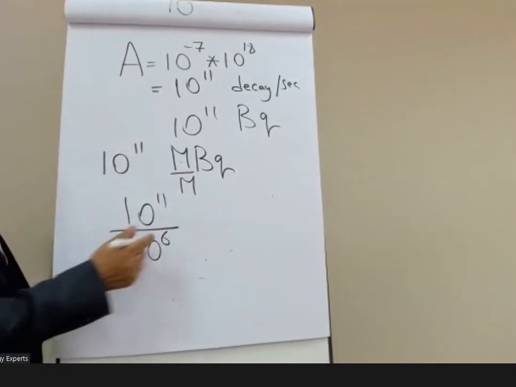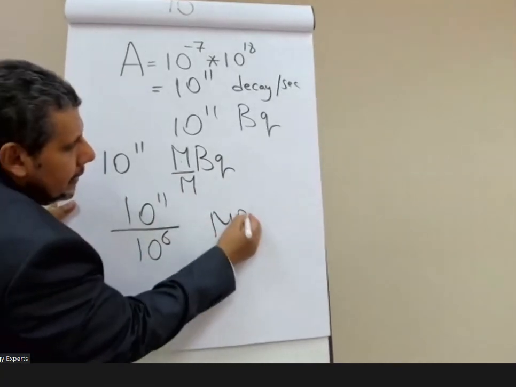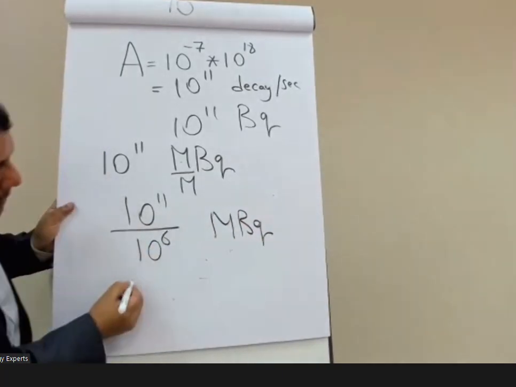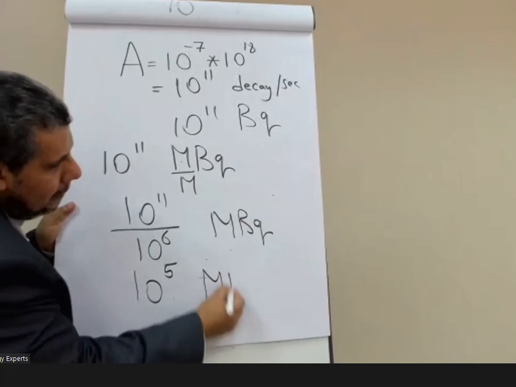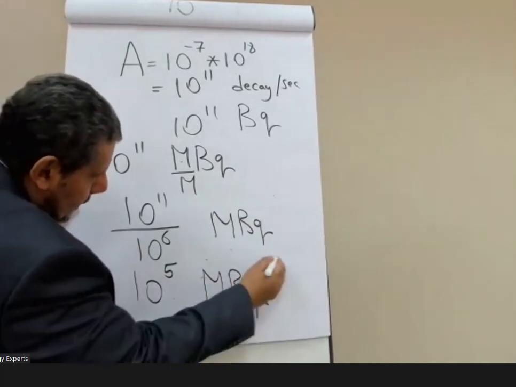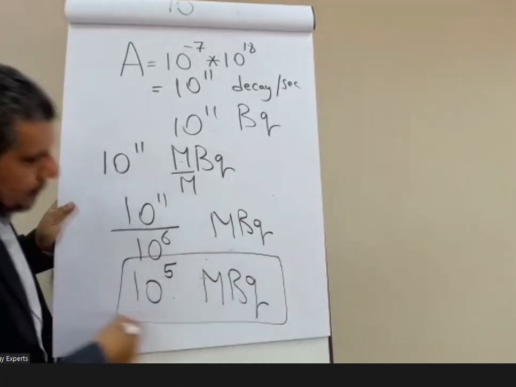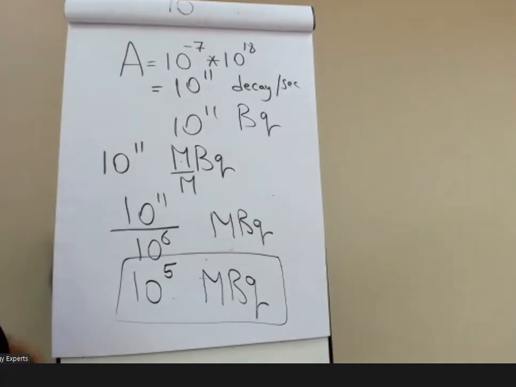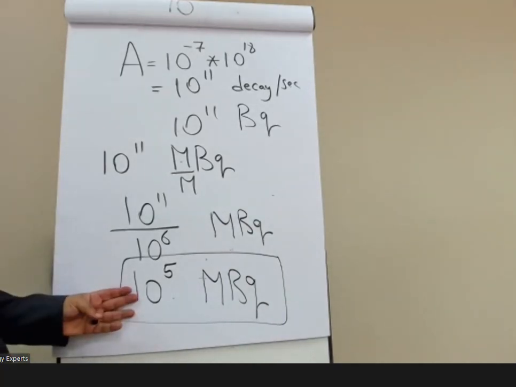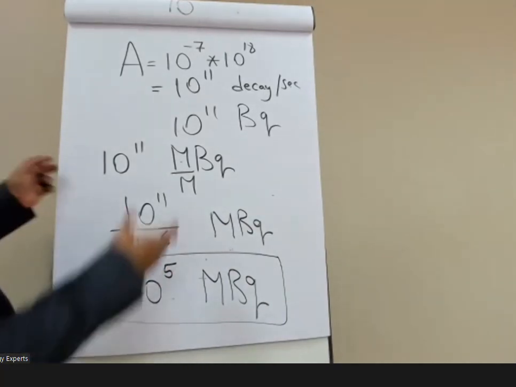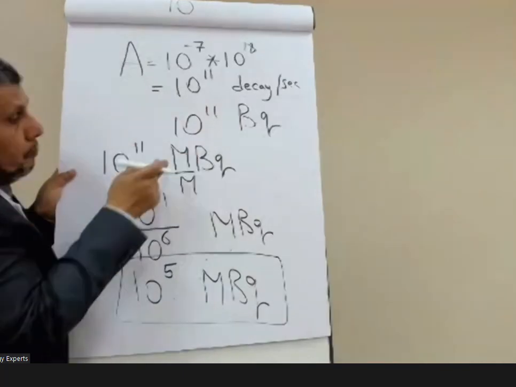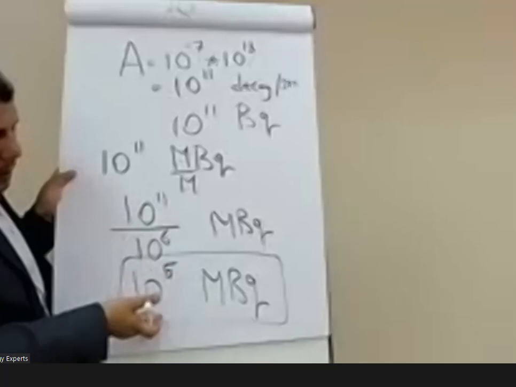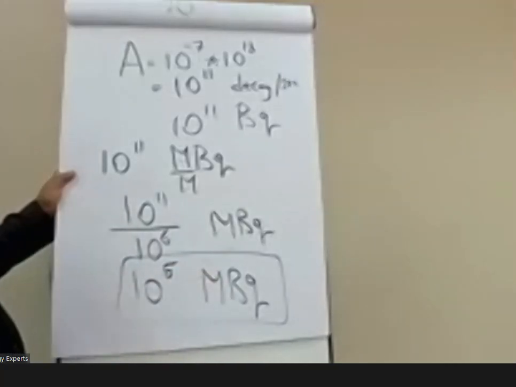So it is 10 to the power 5 megabecquerel. This is now the answer in megabecquerel. Again, beside becquerel, put M, divided by M. Now it is 10 to the power 5 megabecquerel.